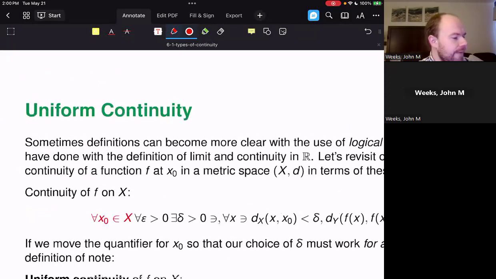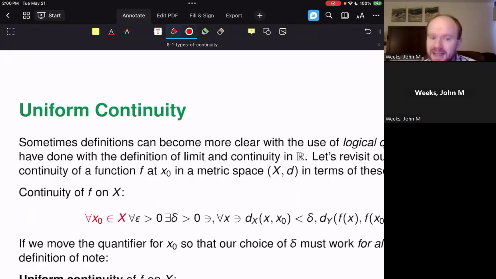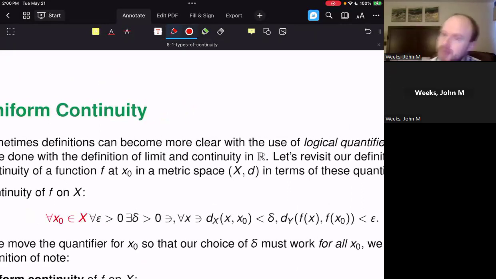We would say that a function is continuous on a set x if for all points inside of that set x and for all epsilon that you could choose, there exists a delta such that for all x values that are close enough in that little delta window, their y values are close enough in that little epsilon window. That is our definition of continuity that we're used to.